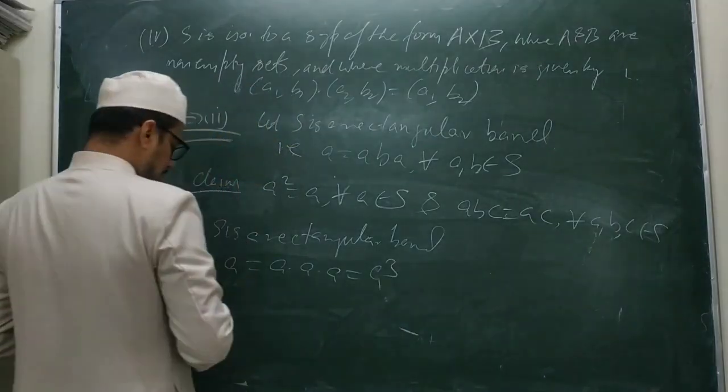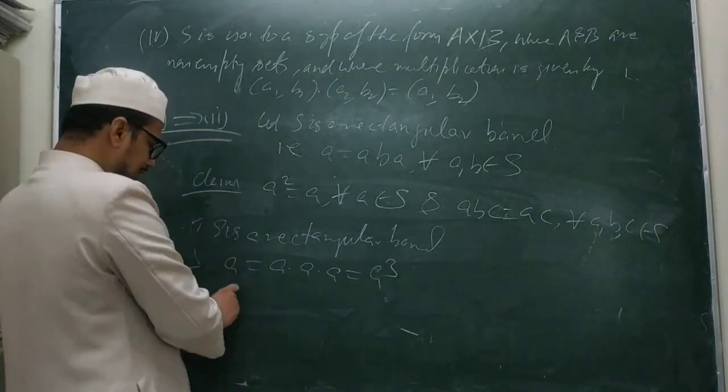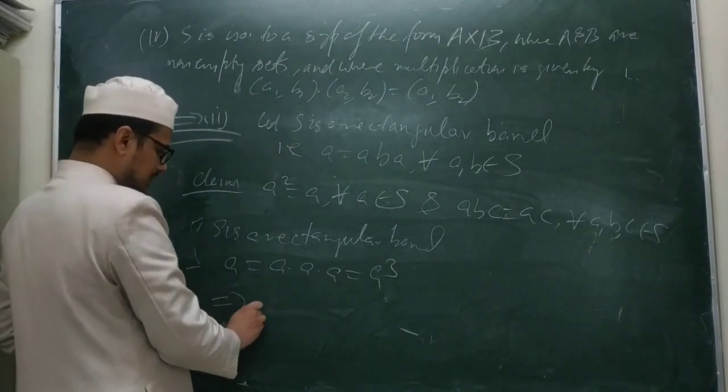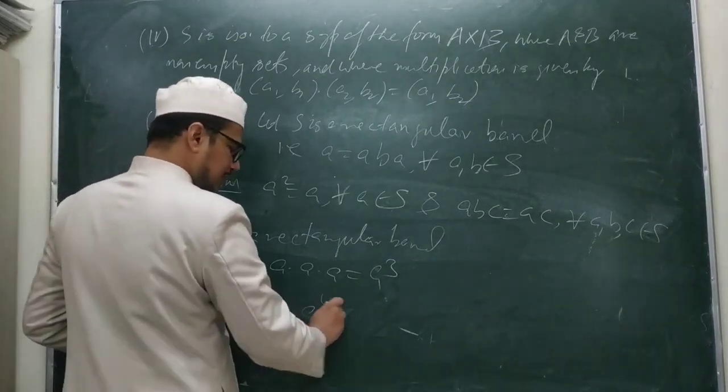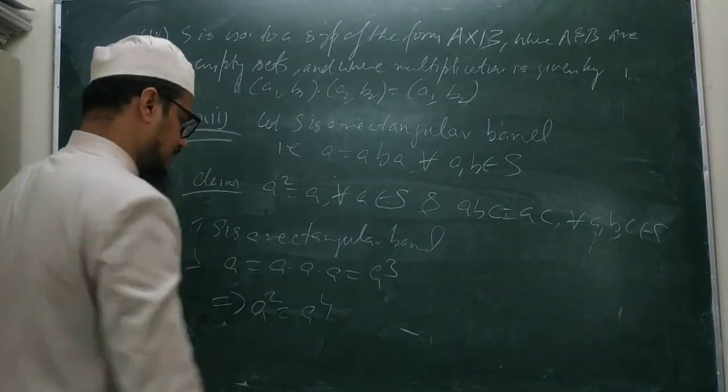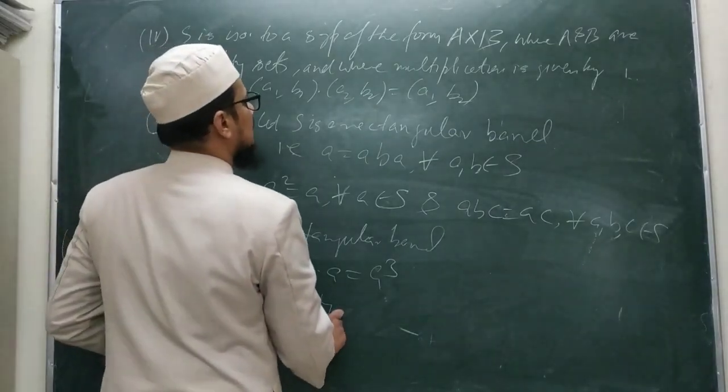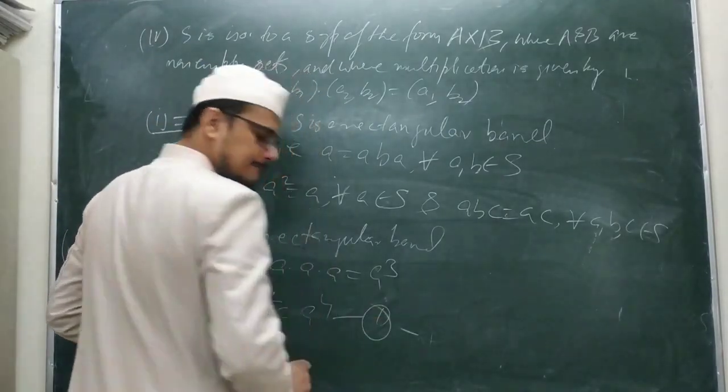Correct? Now if A is equal to A cube, it implies that A square is equal to A to the power 4. Correct? You just mention it like this, say it is 1.